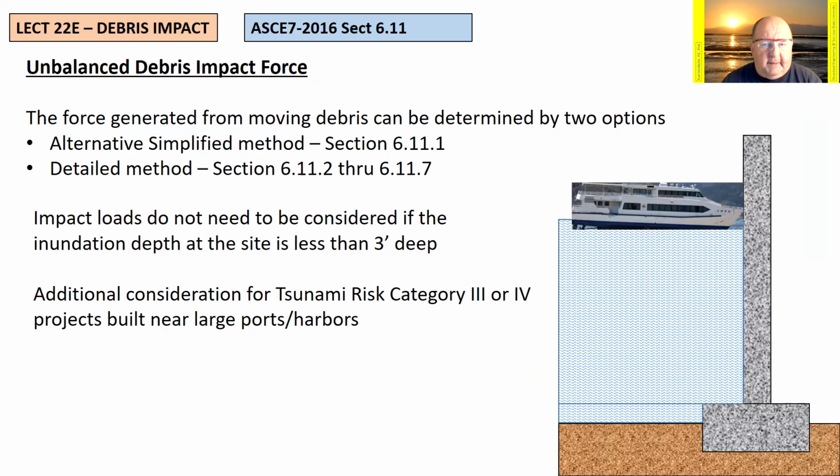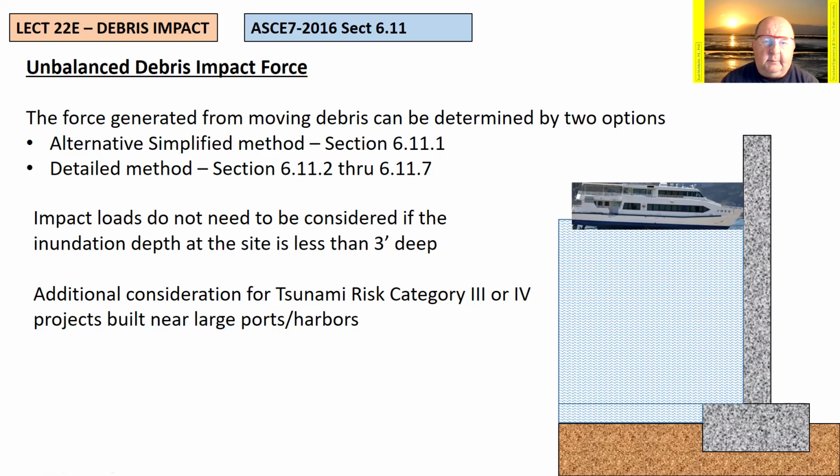There are actually two methods provided in the code. There's this simplified method in section 611.1, and there's a much more detailed method which goes through multiple sections and allows for a much more detailed determination of potential forces.